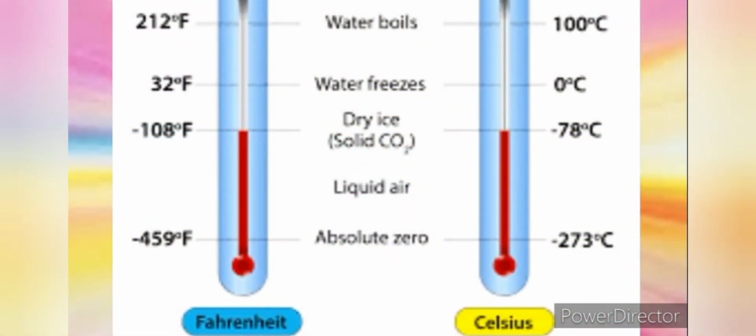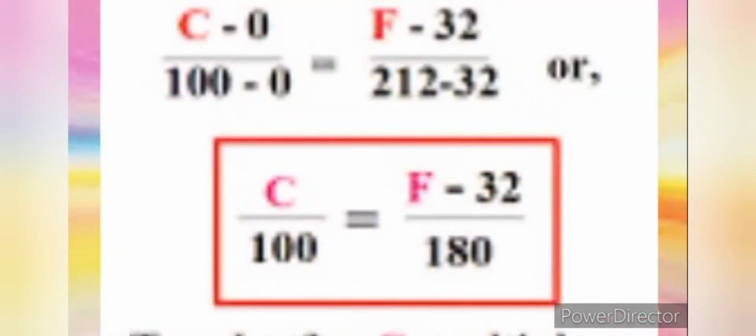We see that 100 degree on the Celsius scale is equal to 180 degree on the Fahrenheit scale, and that 0 degree Celsius is equal to 32 degree Fahrenheit. Therefore, the relationship between the two scales is given by this formula.